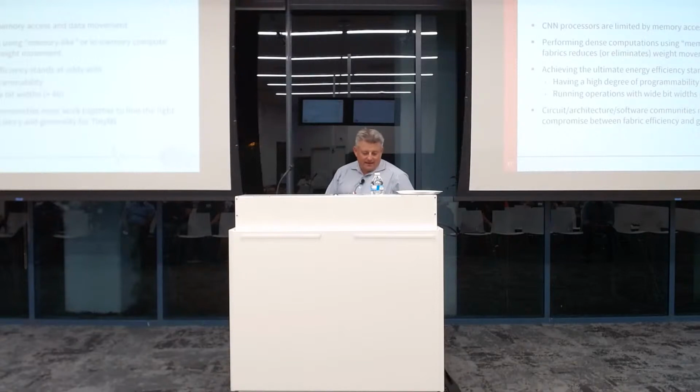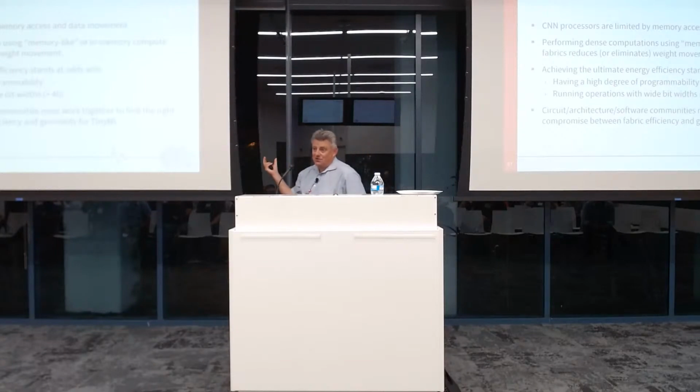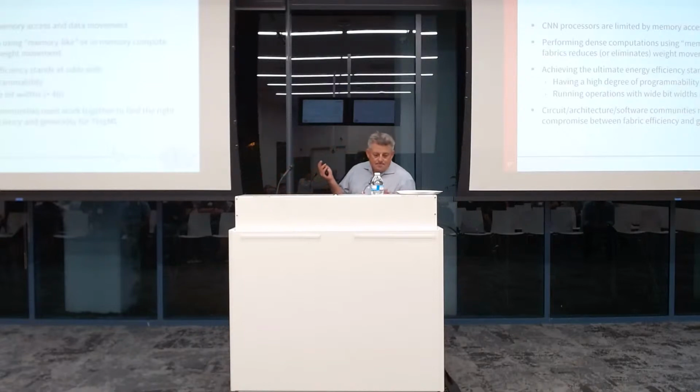If you didn't get anything of what I said, remember that these CNN processors, they're limited by memory access and data movement. That's just what it is. And so whatever solution you have in mind, whether it's analog or digital or whatever, if you don't think about that, you're not thinking about the right thing.